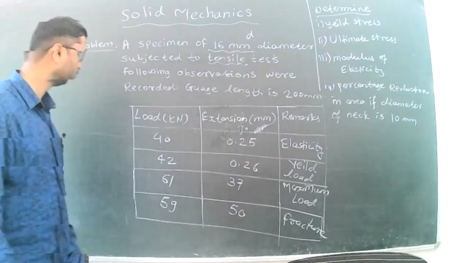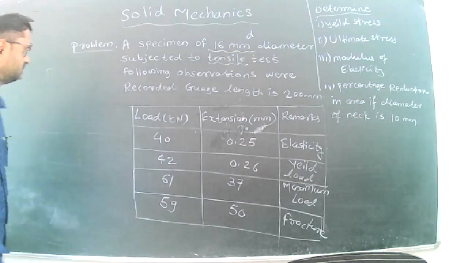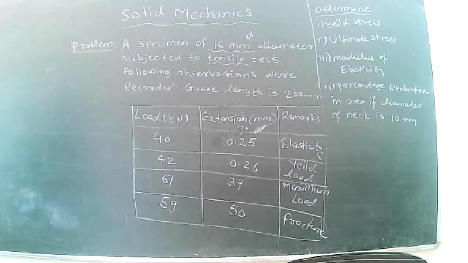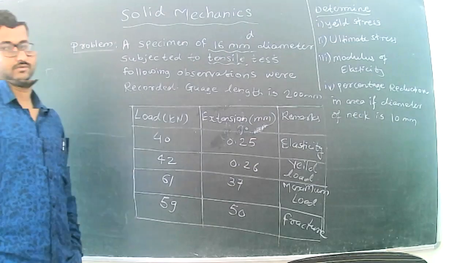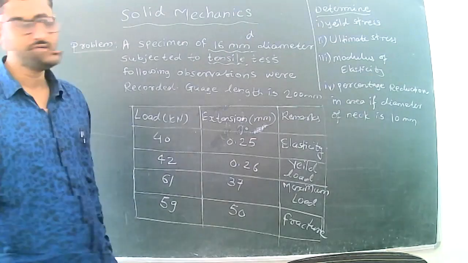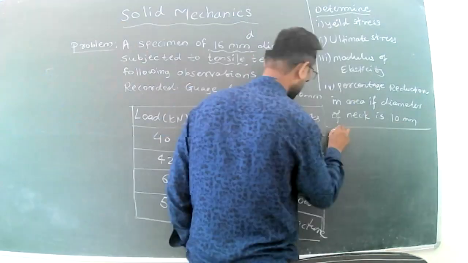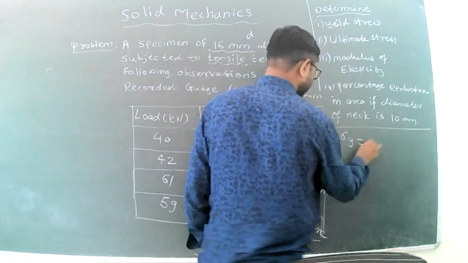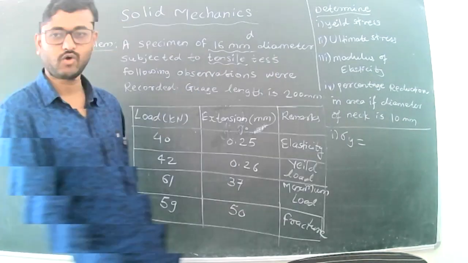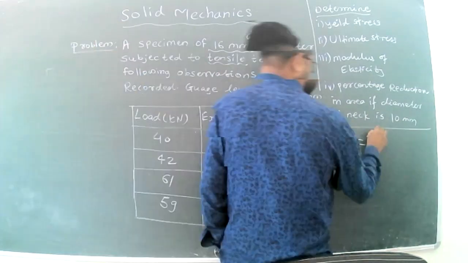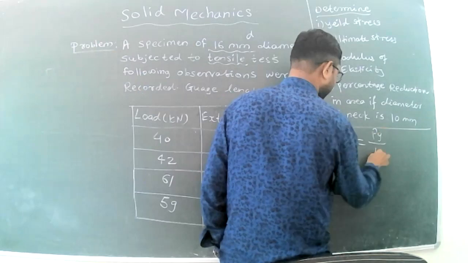How to find these four unknowns? First, yield stress, sigma y. Stress is nothing but load upon area.